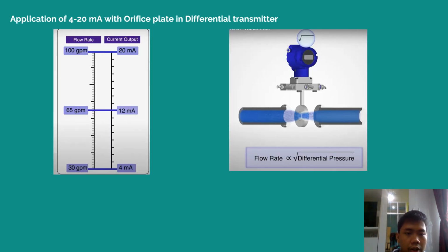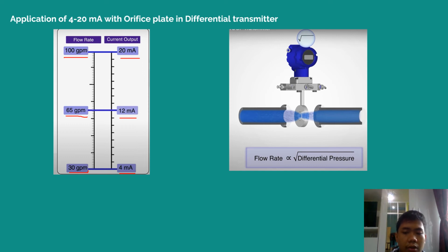We have a flow rate and current output. When the flow rate is 30 gallons per minute, it means 4 milliampere, and when the current output is 12 milliampere, it means 65 gallons per minute, and when the current output is 20 milliampere, it means 100 gallons per minute.